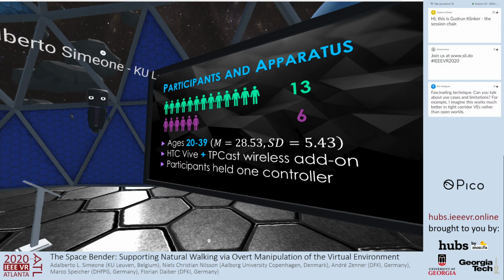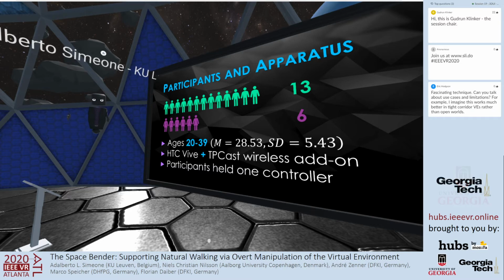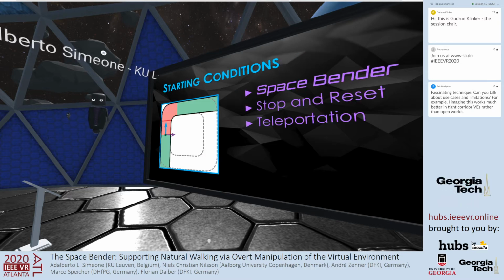And they were all carrying one of the Vive controllers in order to keep conditions equal between the study. But participants who were using the space bender technique didn't require any form of input, because the activation of the technique was done by walking across the trigger.